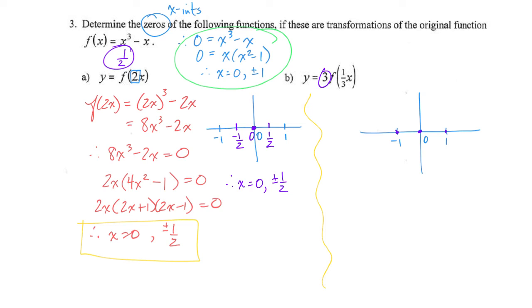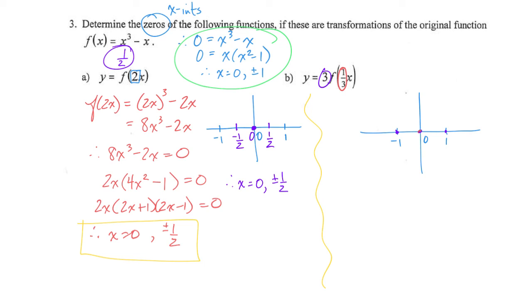So now I can interpret, well, what does multiplying by 1/3 on the inside of my function do? Well, the inside is horizontal. So I would have a horizontal stretch, and I need to remember, by a factor of 3. That means that all of my x values are now going to be triple the distance from the y-axis. They're all going to be 3 times what they used to be.